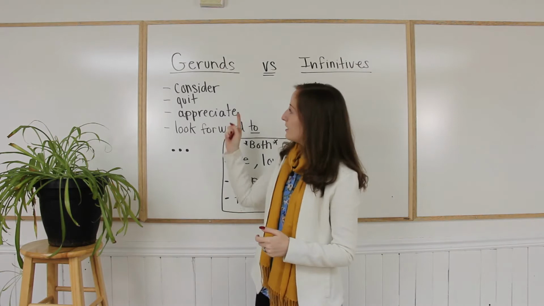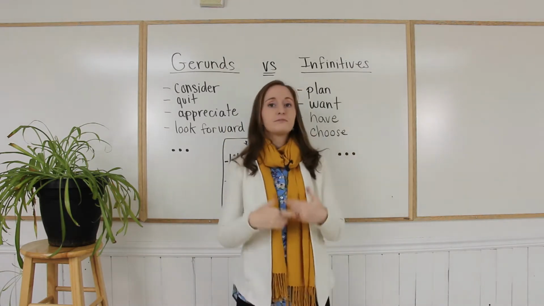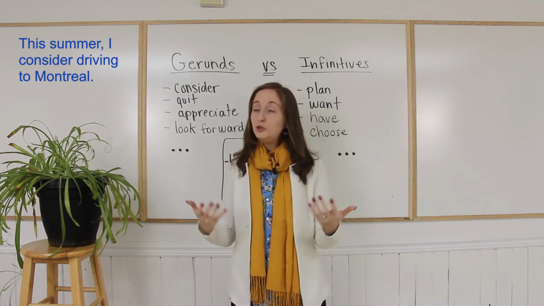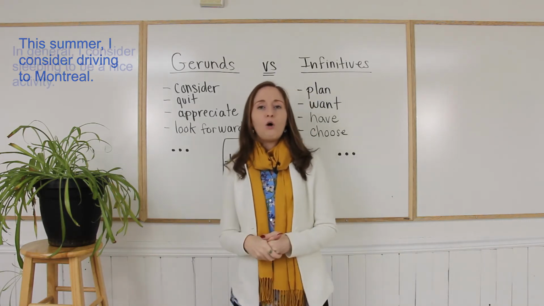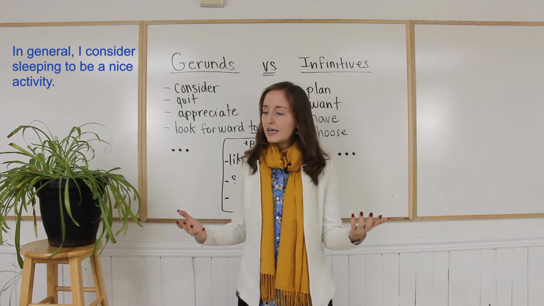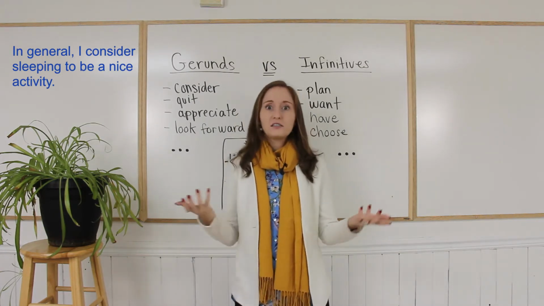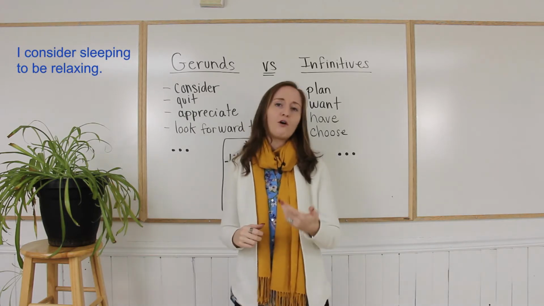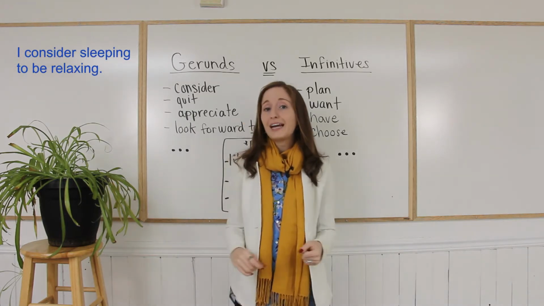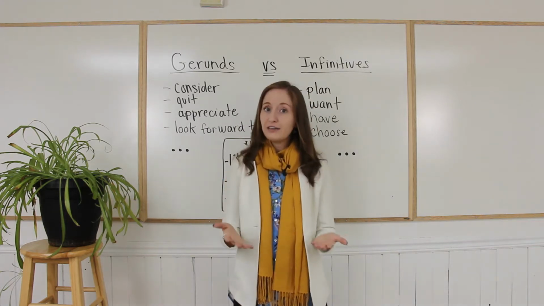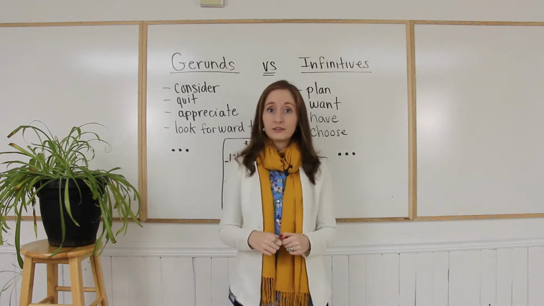For example, the verb consider. I can say this summer I consider driving to Montreal, for example. Or I can say in general I consider sleeping to be a nice activity, for example. Or I consider painting to be relaxing. So sleeping or painting, driving, those are gerunds.